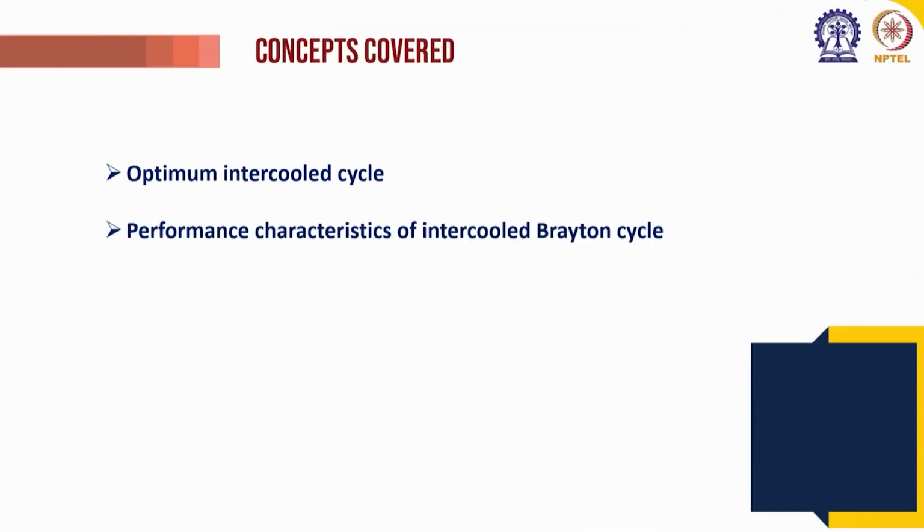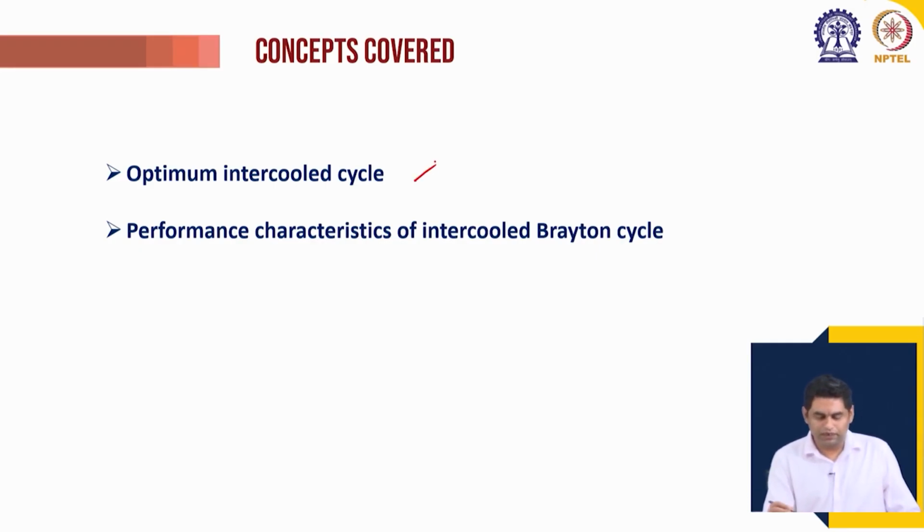So, the concepts that will be covered: one is the optimum intercooled cycle. How to derive the optimum condition at which we get the minimum compressor work input, which means that we get the maximum work output from the cycle.